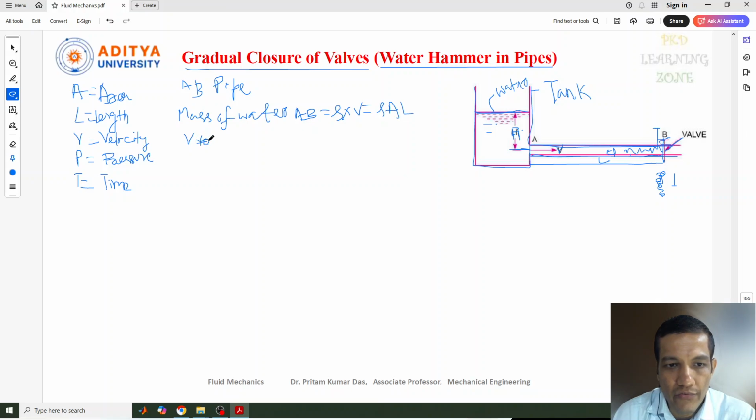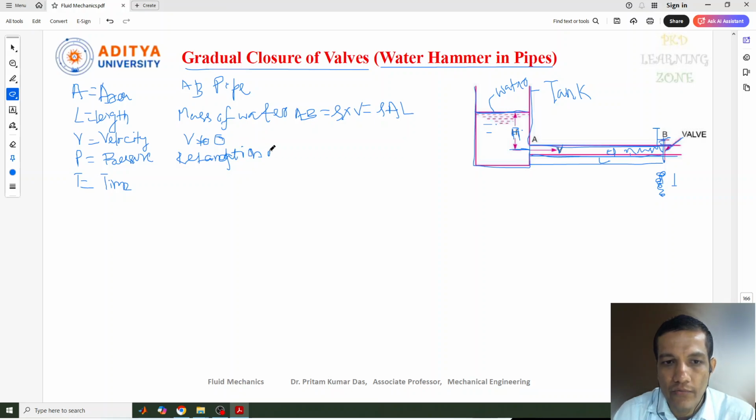So from velocity V to velocity 0, what is the time taken to close the valve? To find this out, we need to consider a new terminology, that is the retardation of water.